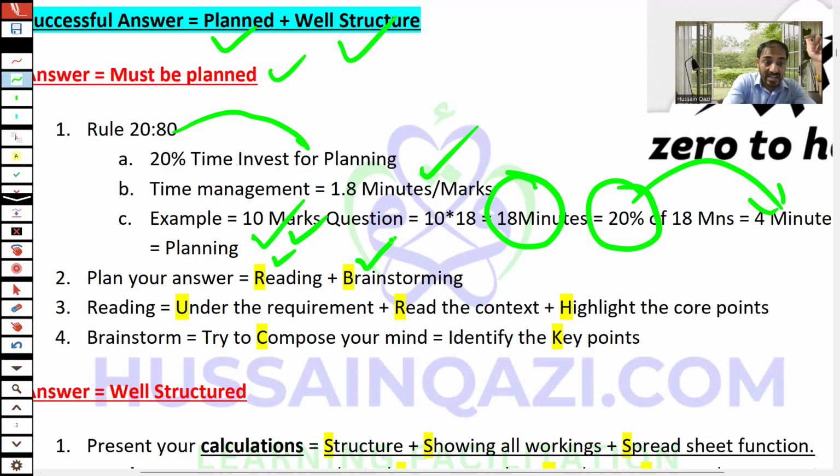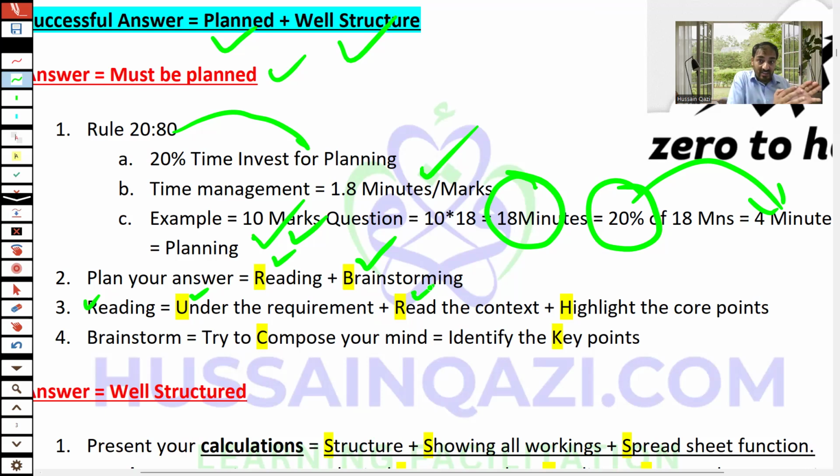Sir, what is the meaning of reading? Whenever you read the question, the examiner mentioned that there are 3 ingredients you have to consider. Number one, make sure you clearly understand the requirement. U stands for understand the requirement. R stands for read the context.